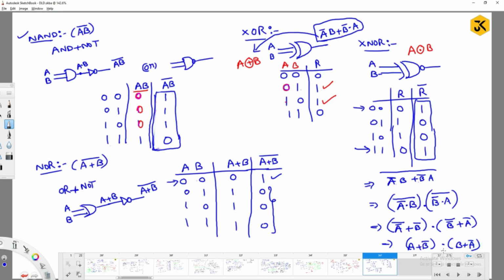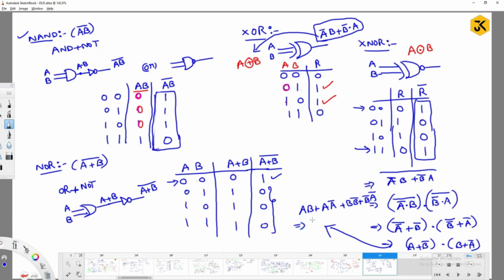A plus B bar dot B plus A bar, right? If you are going to solve this equation once again, performing multiplication on each and every term, you will get AB plus A bar, plus B bar, plus B bar A bar, right?